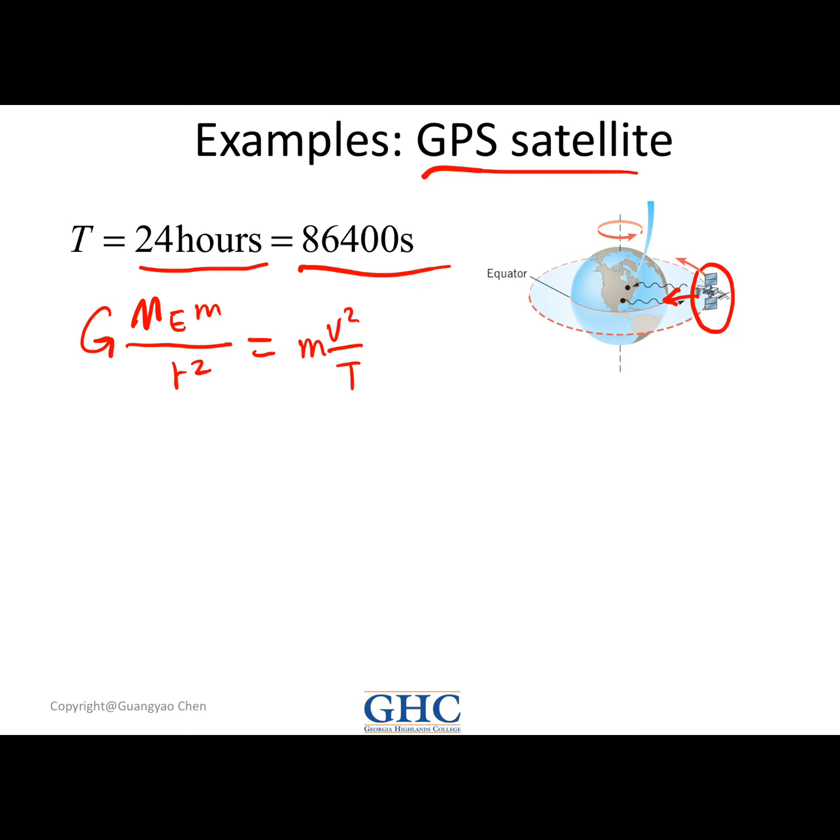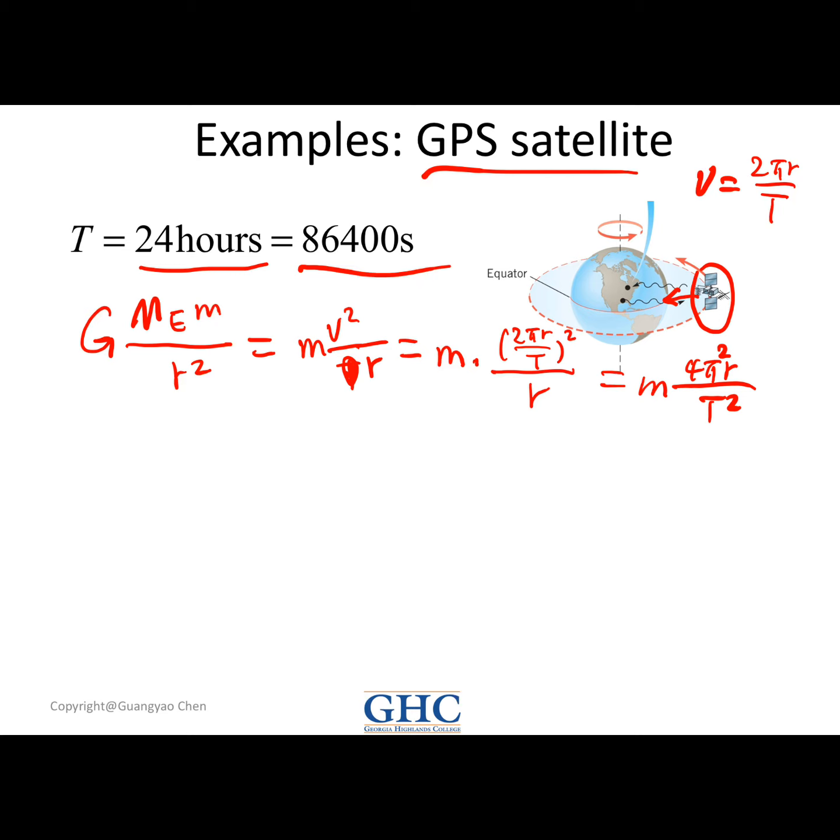In this problem, we are not interested in velocity, we are interested in the period, but there is a relation between v and period. So v is 2 pi r over T. We replace v by 2 pi r over T, squared, over r. So it's m 4 pi squared r over T squared.